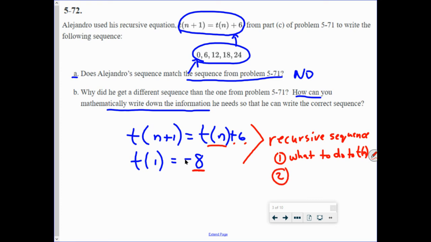And then the second thing, write this down: you need the first or 0 term. You need to tell them where to start, and we'll get to a little more on that later. If you do not include both parts, it does not work. Just including T of 1 equals negative 8 doesn't tell me anything, and just saying T of n plus 1 equals T of n plus 6 doesn't tell me anything either. So you need both parts to make this work.